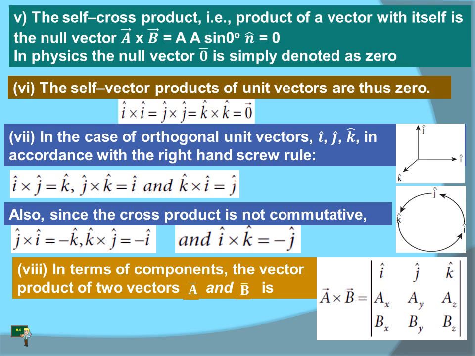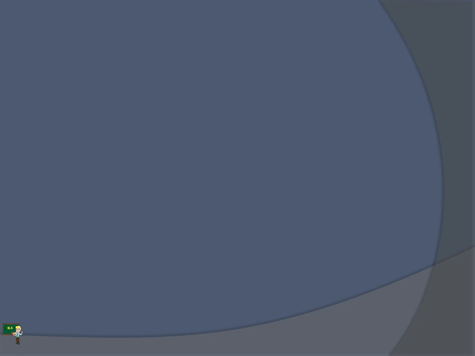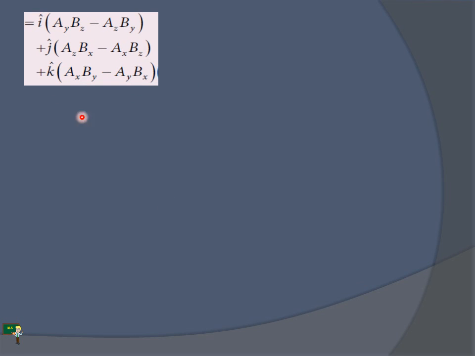Eighth one, in terms of components, the vector product of two vectors A vector and B vector, we use matrices. A vector cross B vector is equal to, using the matrix form, we can get i cap into (AY BZ minus AZ BY).